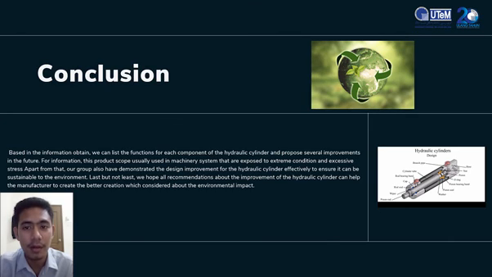Moreover, from the information obtained, we are able to demonstrate the design improvement for the hydraulic cylinder in the future. Last but not least, our group hopes our recommendation of the improvement will help the manufacturer to create better products which consider the environmental impact.